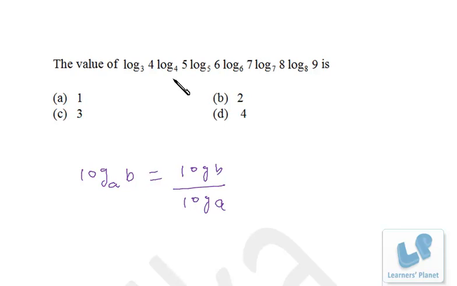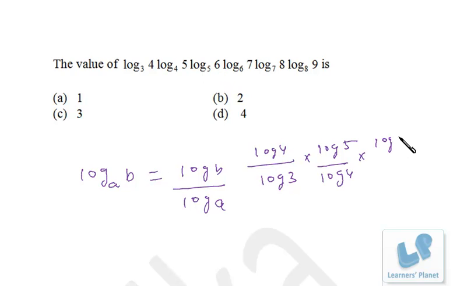The same funda I am going to use over here, right? So that's log 4 by log 3 into log of 5 by log of 4 into log of 6 by log of 5 into log of 7 by log of 6.